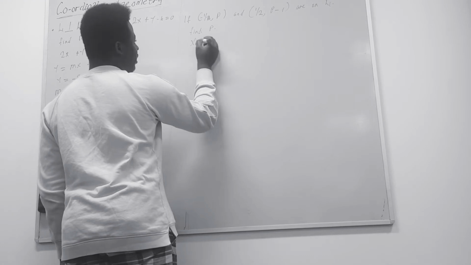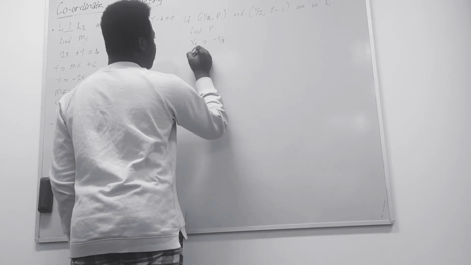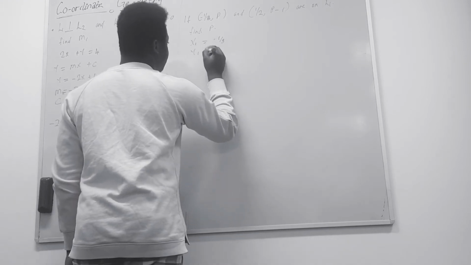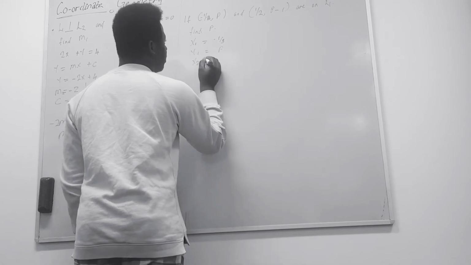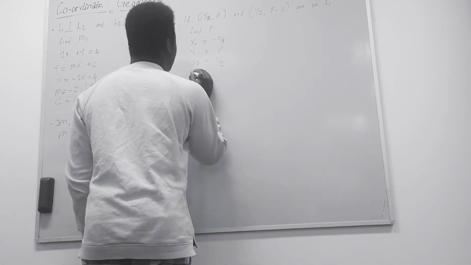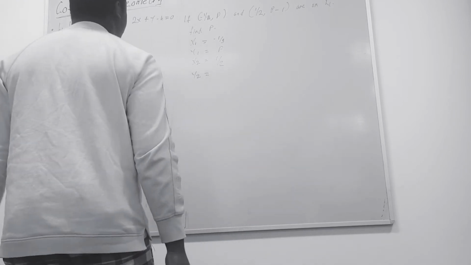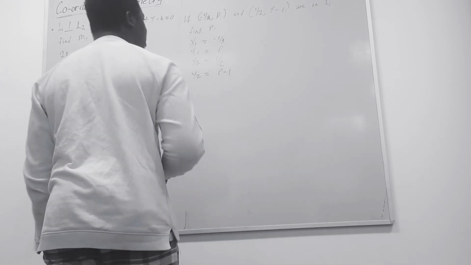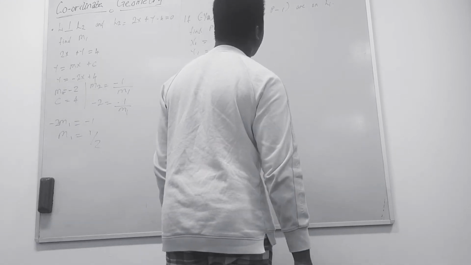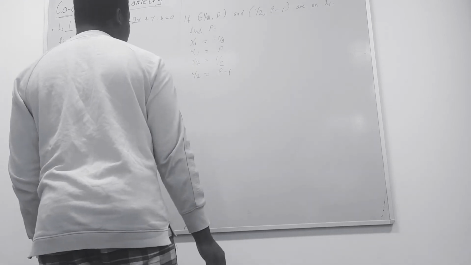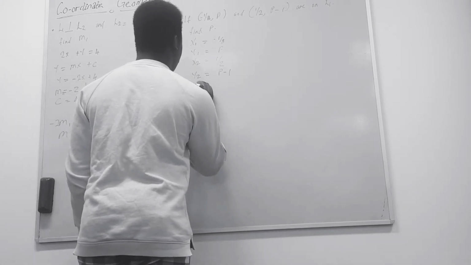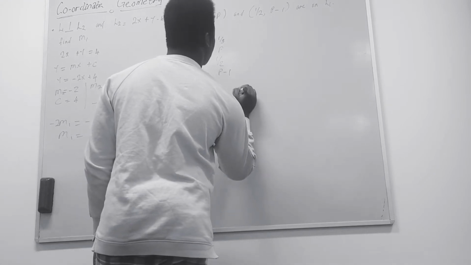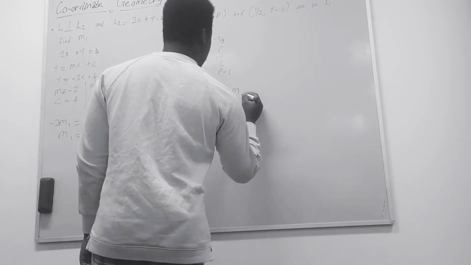We know first that x1 is equal to negative one-third, y1 is equal to P, x2 is equal to half, y2 is equal to P minus 1. We know one thing for sure, that y2 minus y1 divided by x2 minus x1, for a point in L1, is equal to m1.